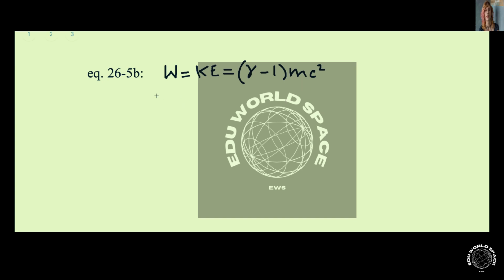So basically all you need to do here is find gamma, and remember gamma is 1 over the square root of 1 minus v squared over c squared.